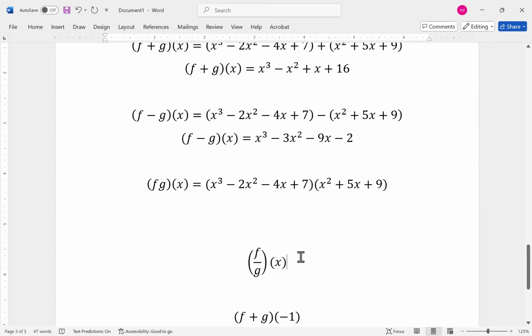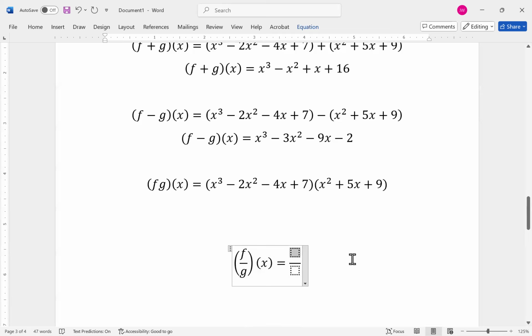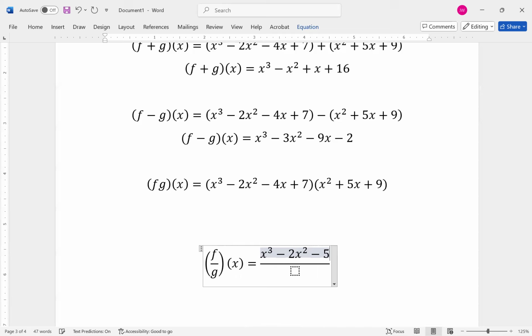It will be a long thing, but very much doable. F divided by g of x, I'm going to take my expression for f, which is x to the third minus 2x squared minus 4x plus 7, and divide it by x squared plus 5x plus 9.